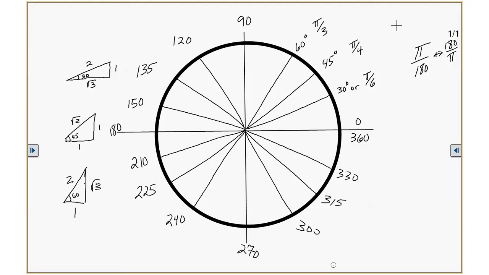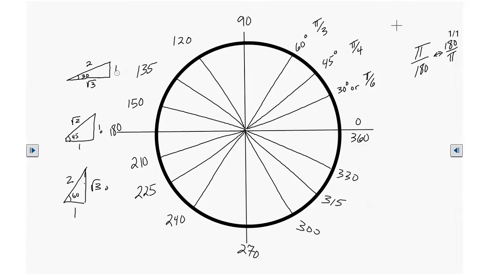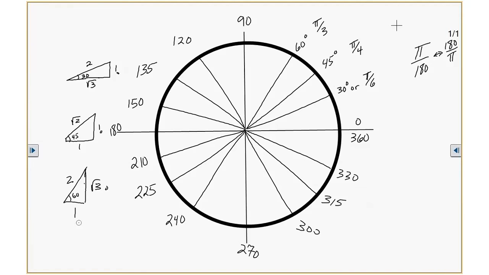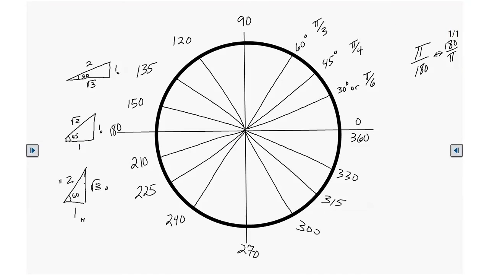Because now all you have to do is put the cosines and the sines. We'll do those eventually, okay? Actually, you still just memorize these. That's the opposite. That's the hypotenuse.